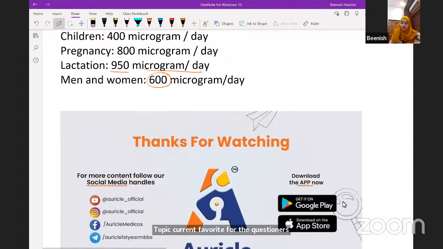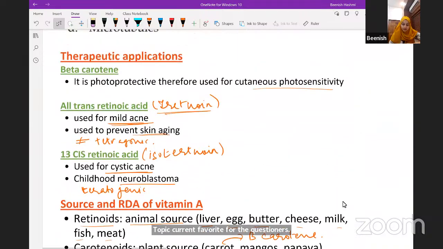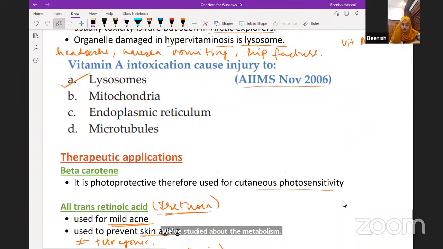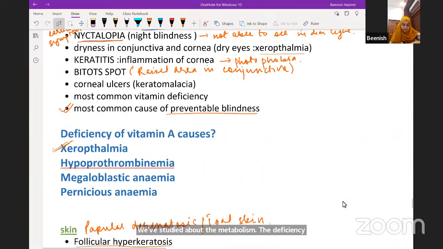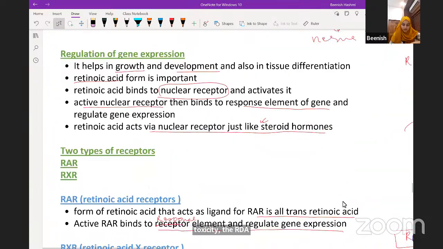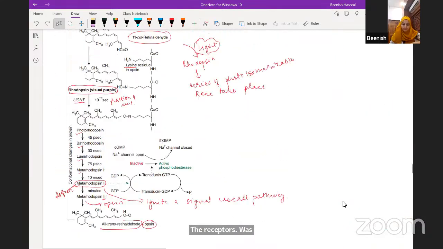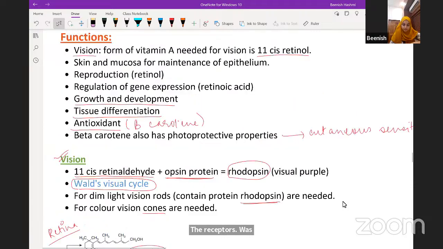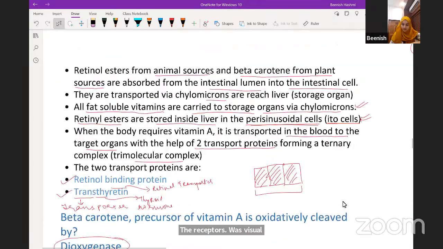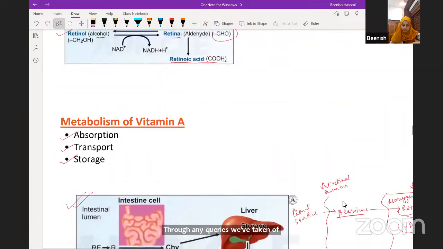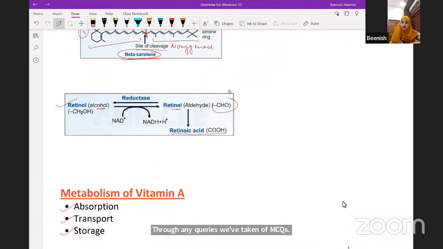We've studied the metabolism, the deficiency, toxicity, the RDA, the receptors, Wald's visual cycle. If you have any queries, we've taken up MCQs. Then the storage organ, where it was stored, which cells were involved.